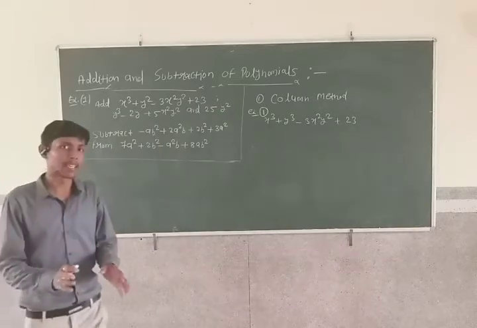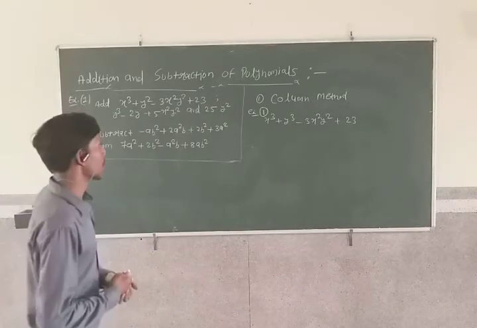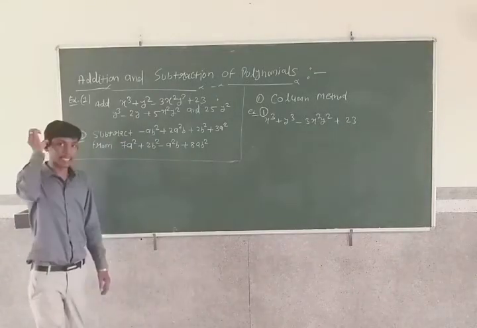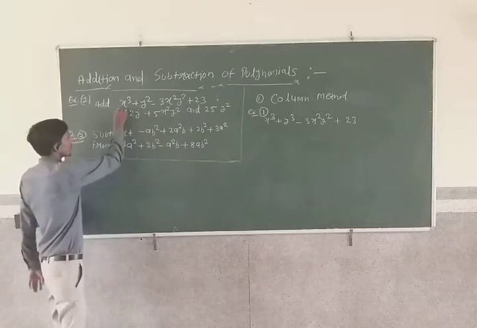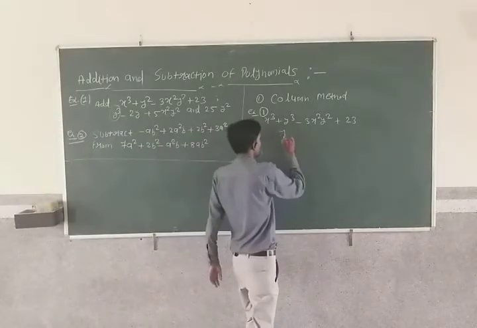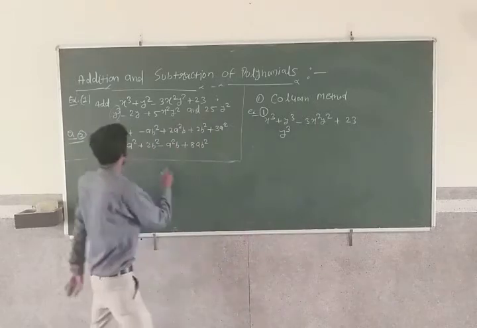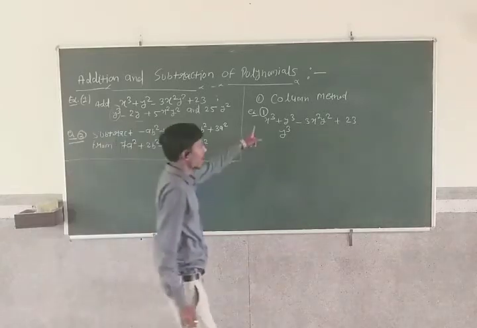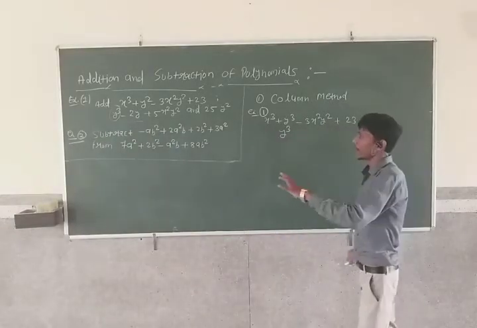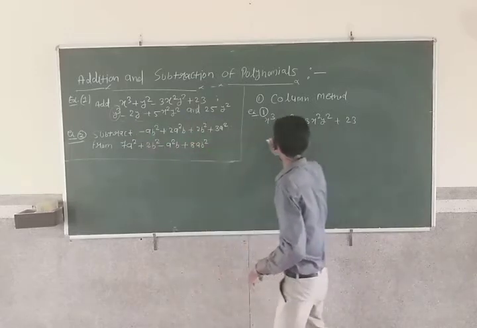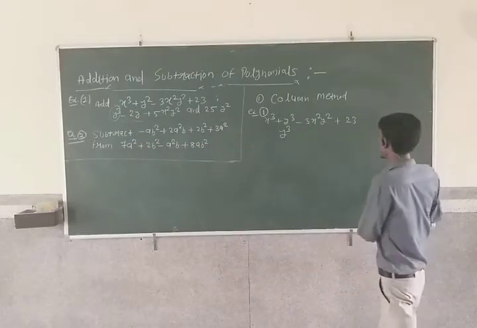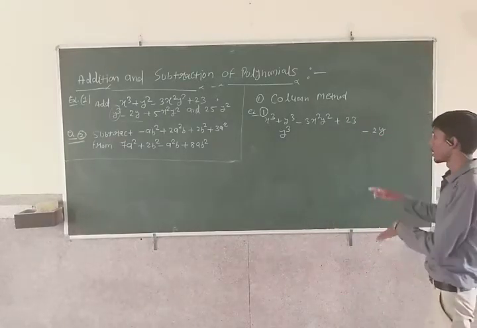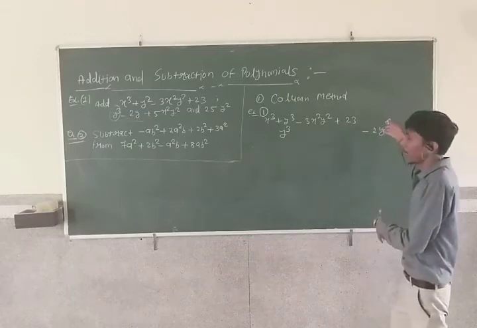Whatever like terms are there, I will write downside of the upper term. Just listen carefully and look at the board. This y cubed I will write below the y cubed. Now the next term is minus 2y. I don't have any term with the variable y only, so I will write it separately at last, because there is no column for the variable y.